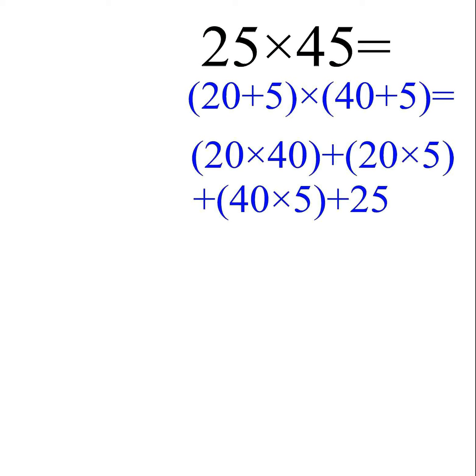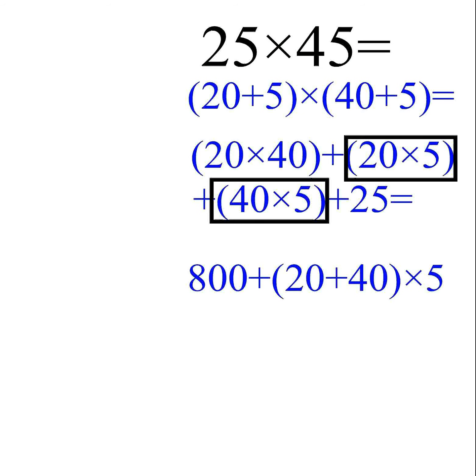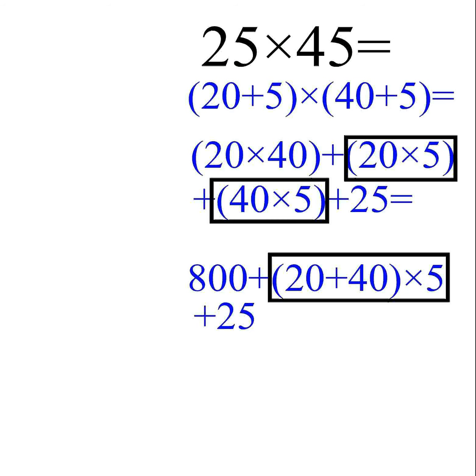20 times 40 would be 800. And again, using the distributive property, we could write the sum of these two as the sum of 20 and 40 times 5. Plus the 25, okay? Now, here, we could write 5 as 10 divided by 2.